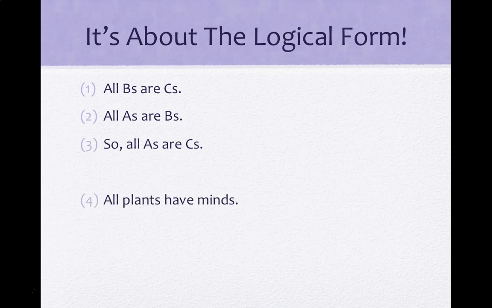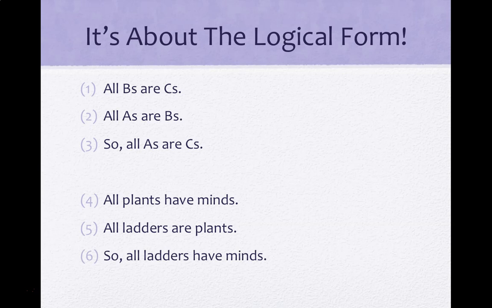All right? All plants have minds, all B's are C's; all ladders are plants, all A's are B's; so all ladders have minds. But each of the premises is basically gibberish, and the conclusion has to be obviously false. But that doesn't mean that the argument can't be valid.